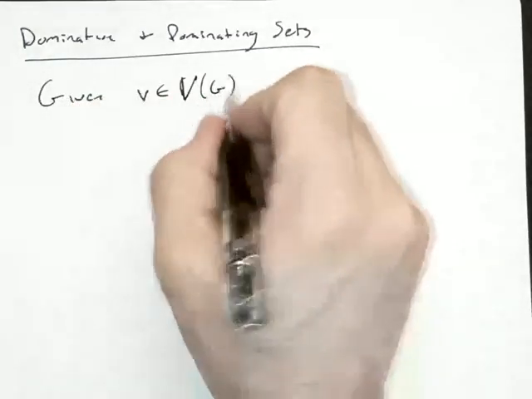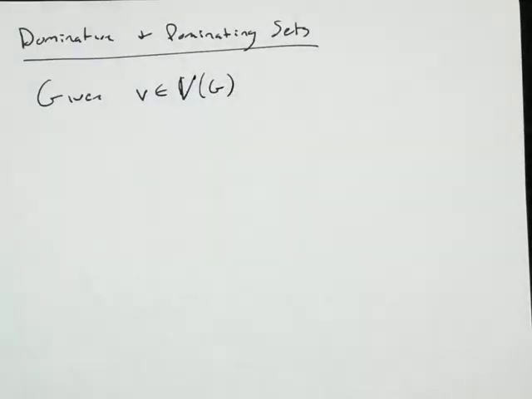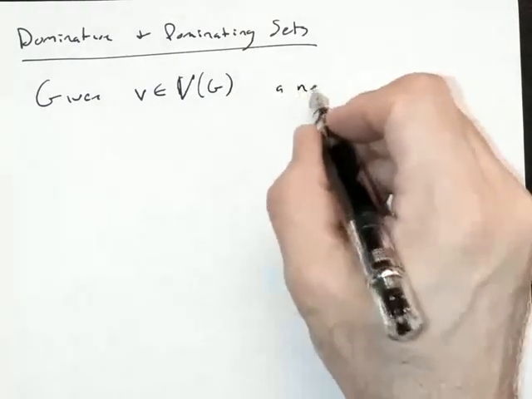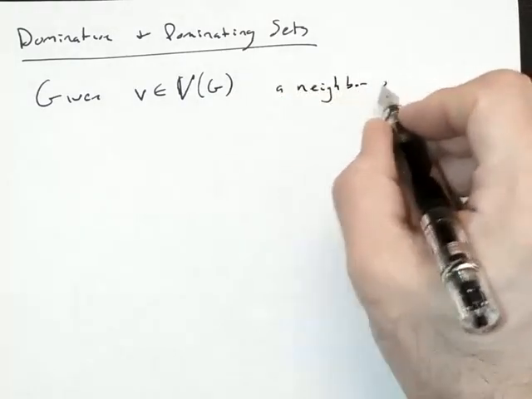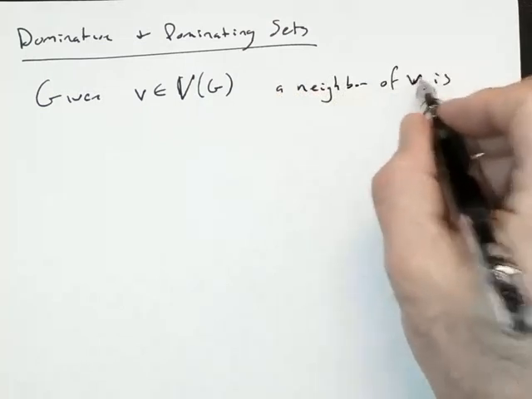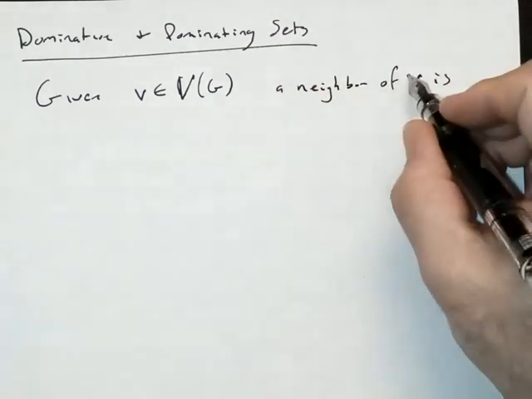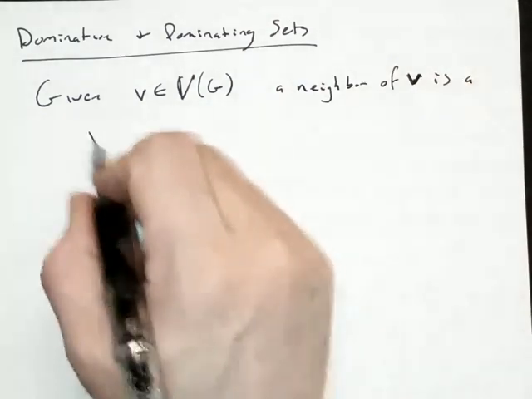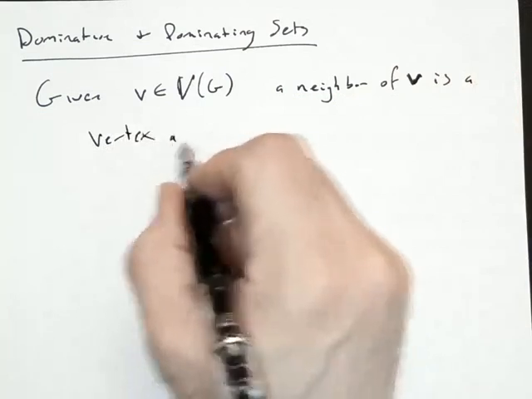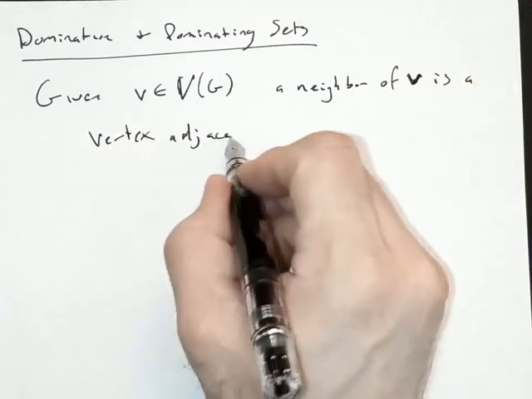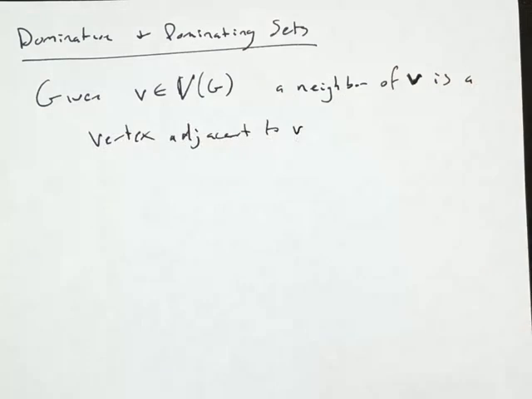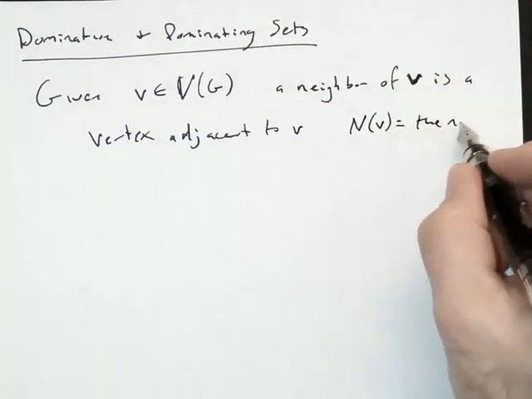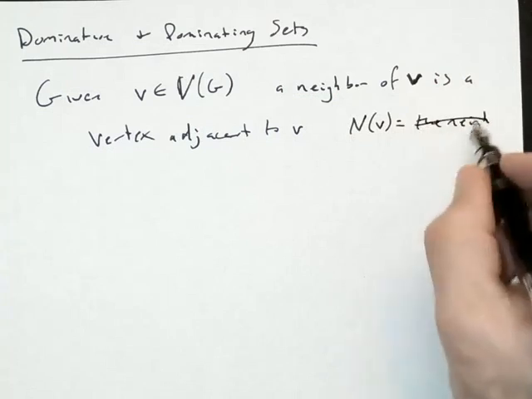Pick a vertex. Well, what's our definition of a neighbor? A neighbor of V, and N of V, the neighborhood.